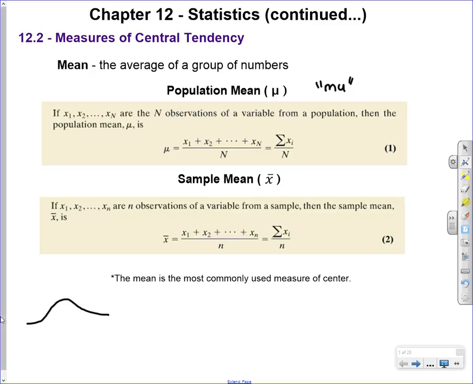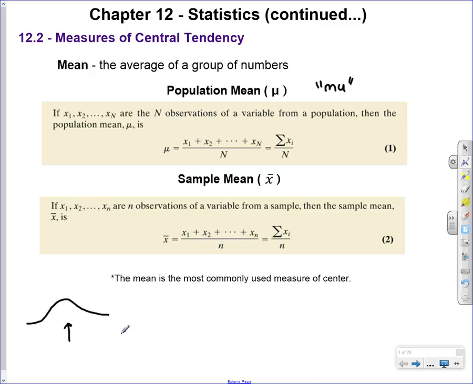The first thing we do with data is look at the shape: is it all centered in the middle or over to the left or the right? But after that, most of us want to know, where's the center at?